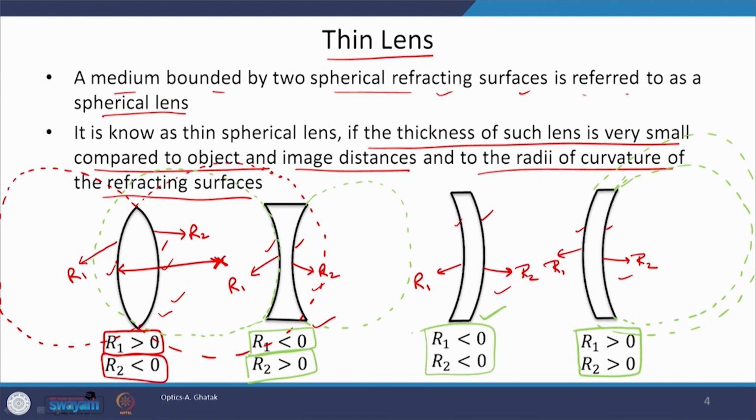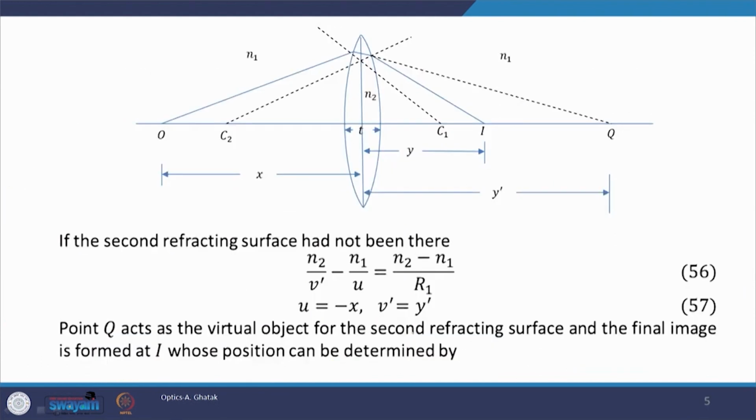Once we know what thin lenses are and how their radii of curvature are given positive or negative signs, then we can safely move towards the analysis of a thin lens. Here you can see that a thin lens is given, and we want to analyze this thin lens.